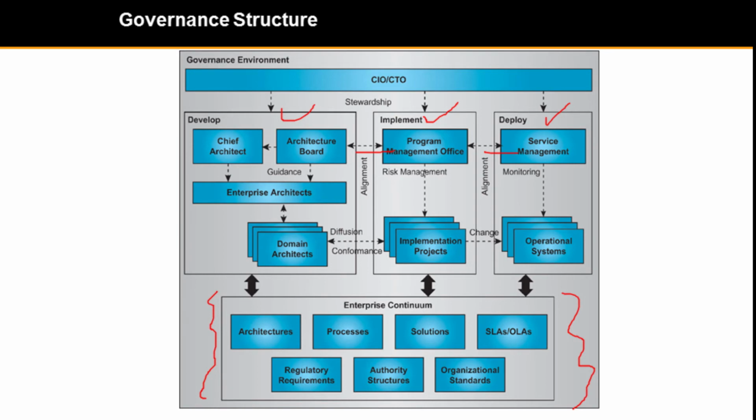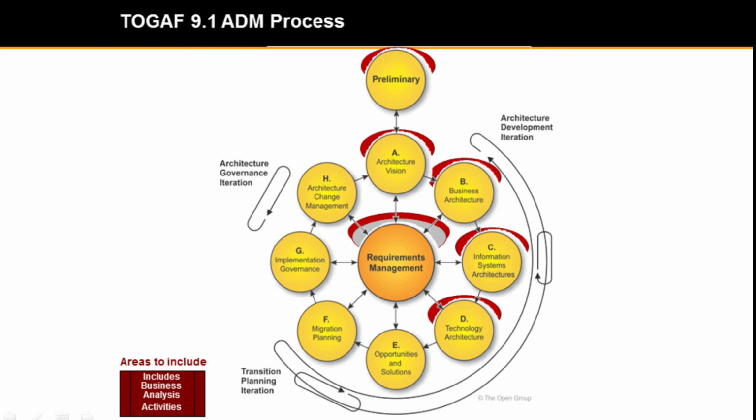So a little bit more discussion here. You notice what we have shadowed in red or burgundy, depending on the color on your screen. What we see in there is basically the involvement of the business analysis activities in the architecture development method.